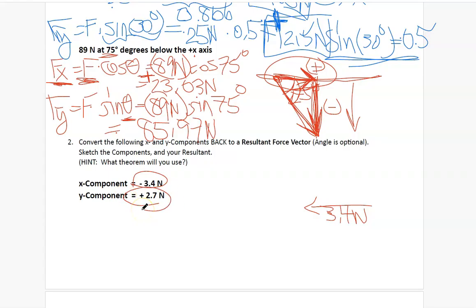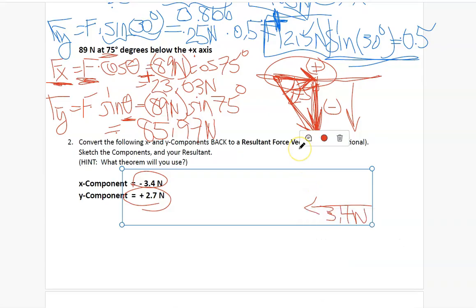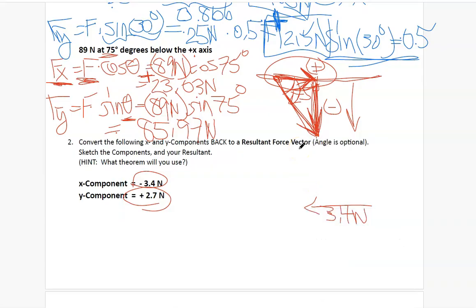Well, the y component is positive, so that means it's going up from that direction. And it's going up not as high as it is wide, because 2.7 is a little less than 3.4. So I go up, and that represents my 2.7 Newton vertical vector.